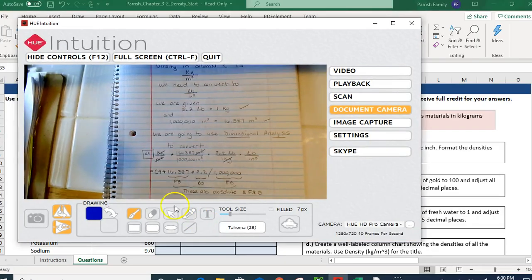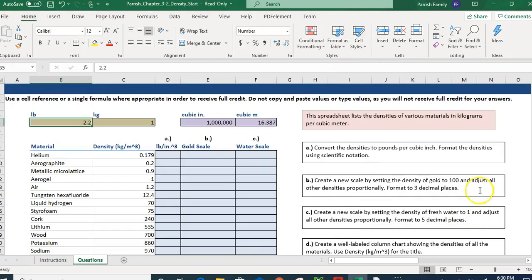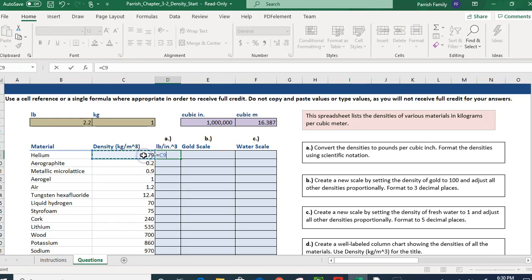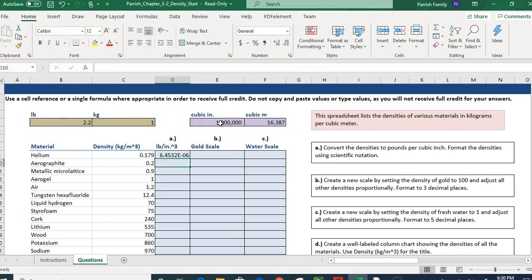If I go back to my spreadsheet and type that in here: equals C9 times the 16.387, which is F5, times the 2.2, divided by the 100,000, I get an answer.